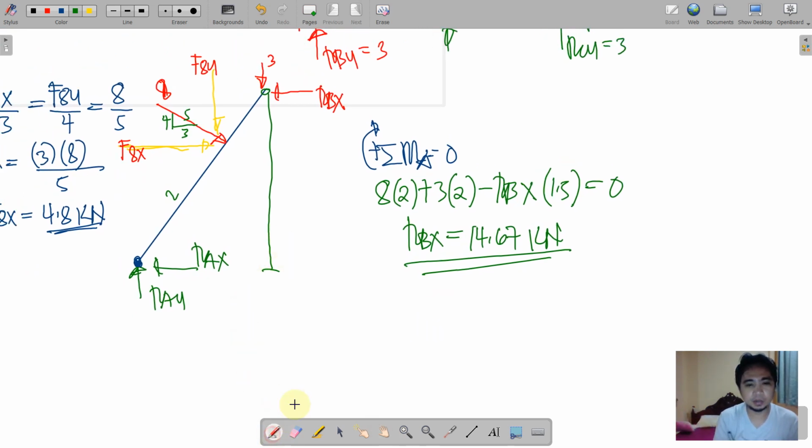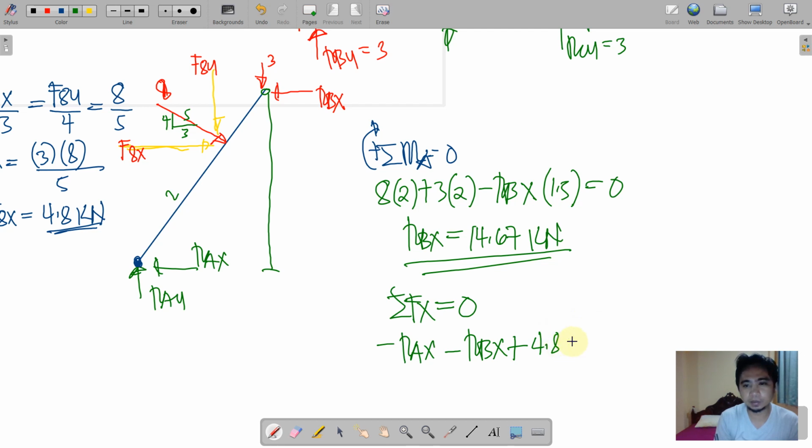we are now ready to have summation forces along X is equal to 0. Okay? On this member, we have negative leftwards RAX and we have negative leftwards RBX, and then we have here rightwards F8X that is computed to be 4.8 kilonewtons.